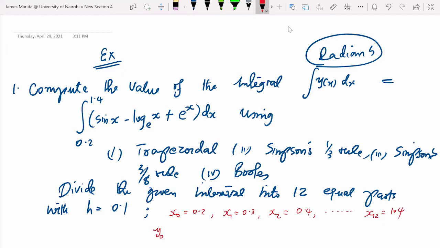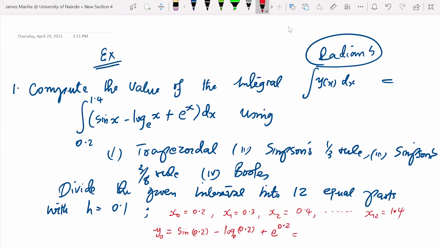So when working out your y naught, y naught will be sine 0.2 minus the log base e of 0.2 plus exponential 0.2. Can somebody work that out for us?